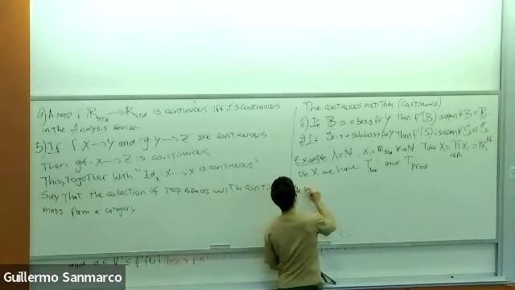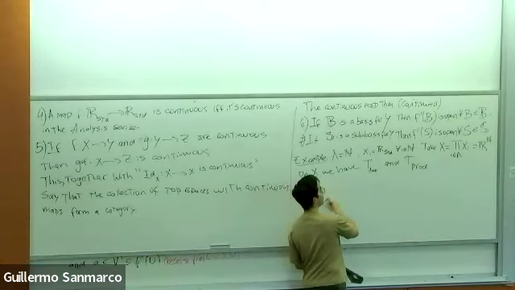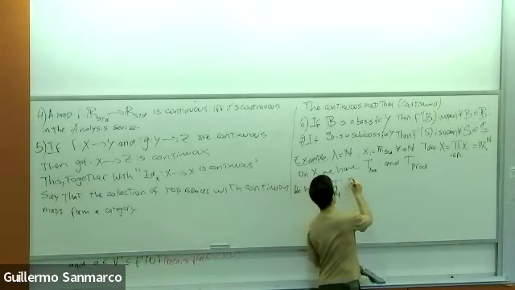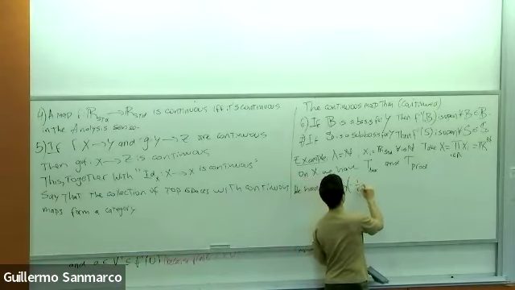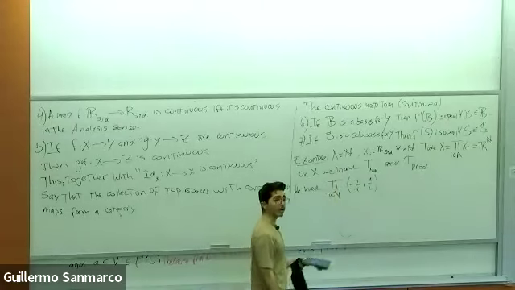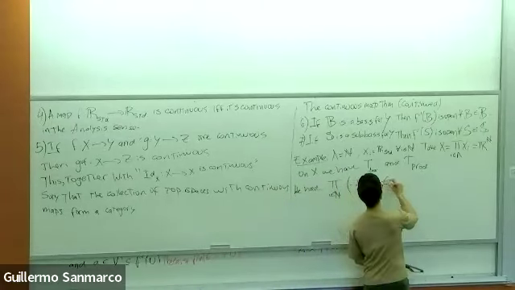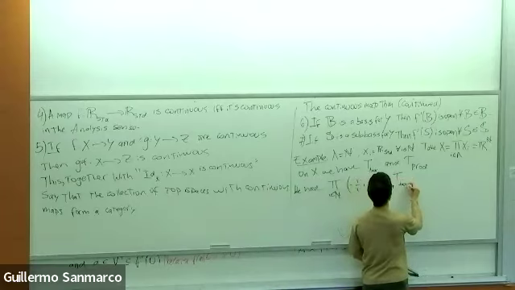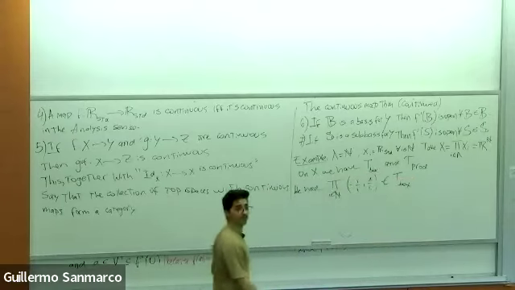We have in the box topology this guy, the product over integers of (-1/i, 1/i). So this one is open in the box topology, in T box. It's actually a basic set.